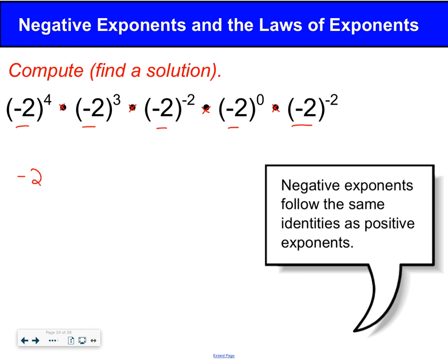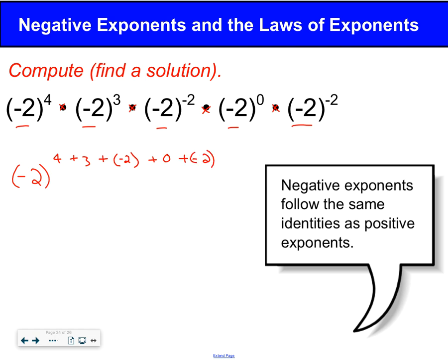So I'm going to keep -2, which we put in parentheses because a negative base needs parentheses. Now let's just start adding all these exponents. So 4 plus 3 plus -2 plus 0 plus -2.